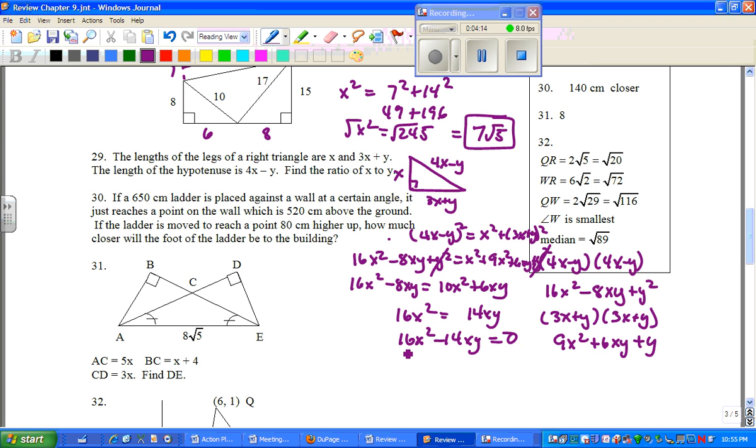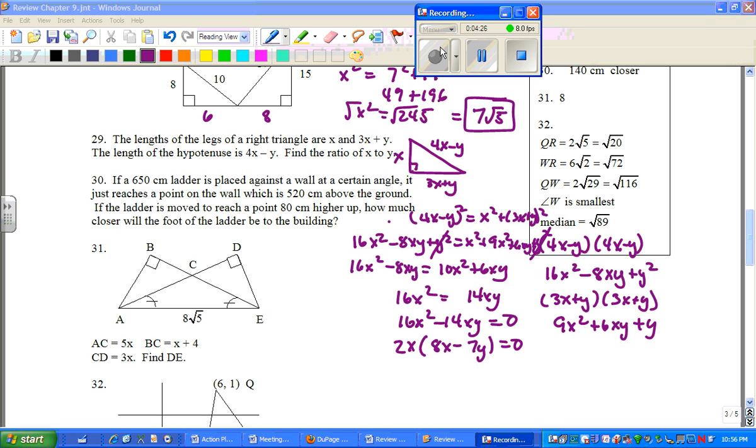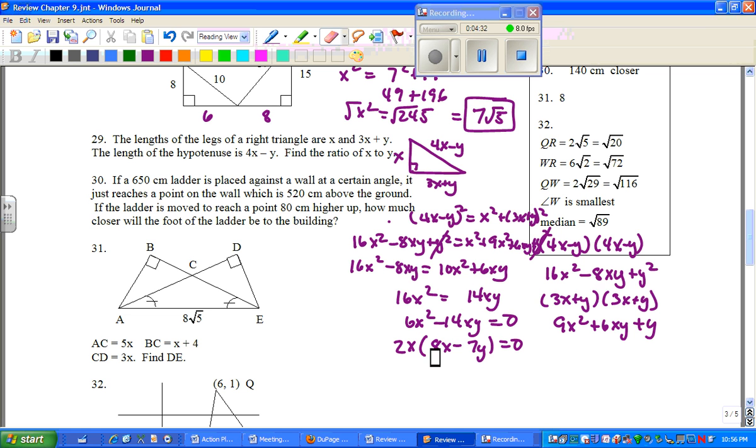Well, I can take out a 2 and an x, leaving me with 8x minus 7y. So when I look at my answer, I found a minor typo that we were having. This is supposed to be 6x. So when I take out 6x, this ends up being a 3xy.